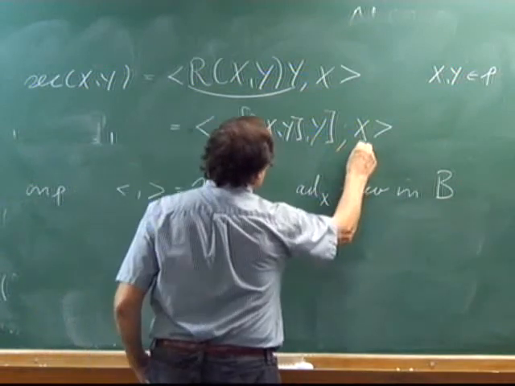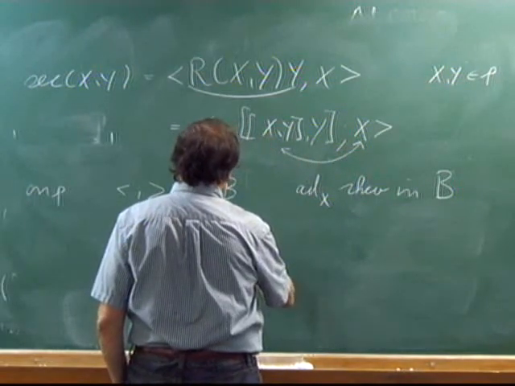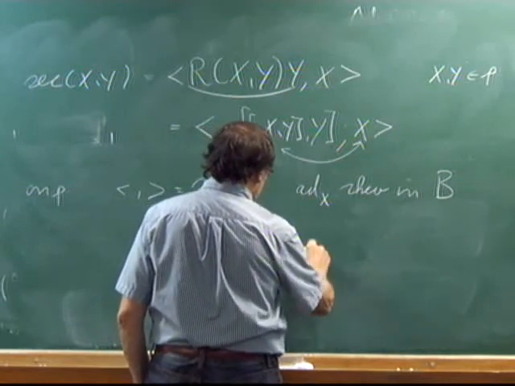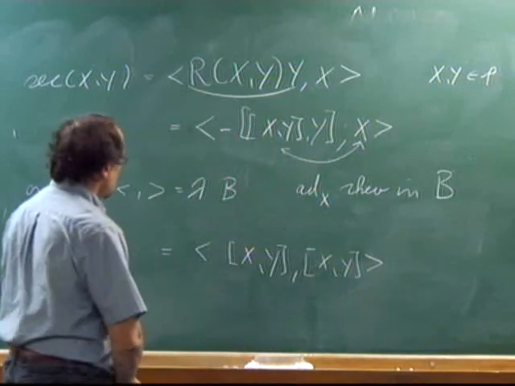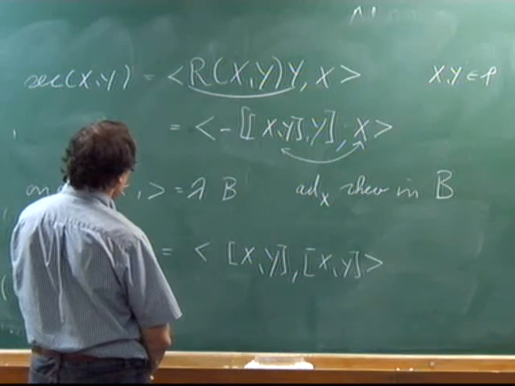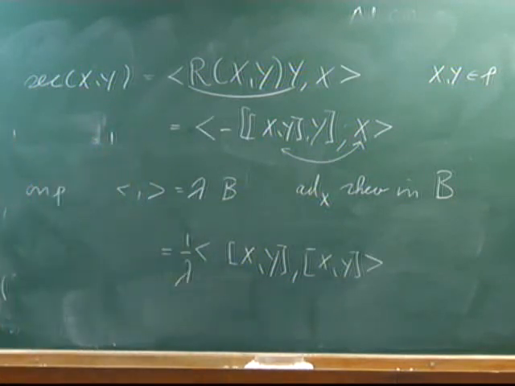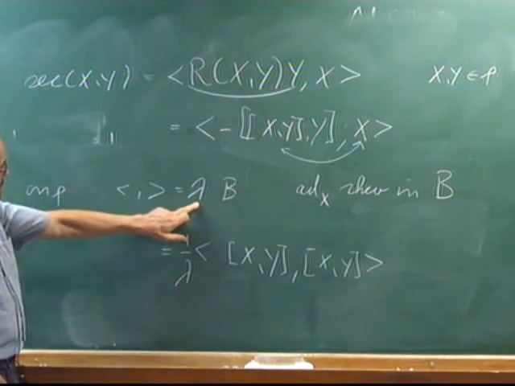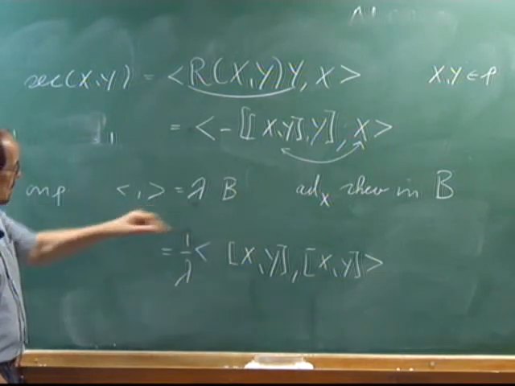Let's switch this one and this one. And then I have to play with the minus sign. So [x, y], [x, y]. Well, let's put the lambda in there, right? So the metric is 1 over lambda times that. Because now the sign of lambda matters, of course, right? So lambda positive was non-compact type, lambda negative was compact type.